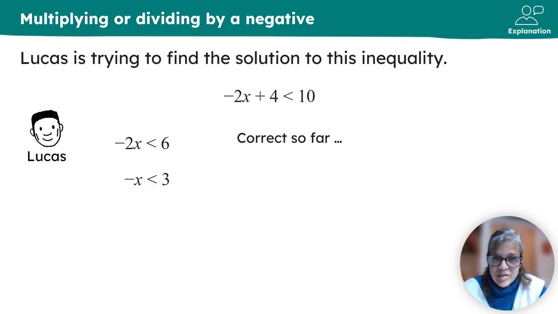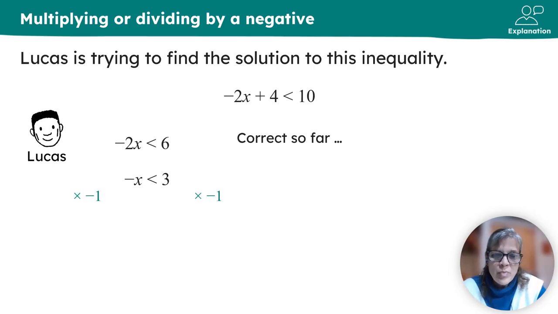Lucas is trying to find a solution to this inequality. So he has moved the 4, he's subtracted 4 from both sides, and that's fine, correct so far. Then he divides both sides by 2, also fine. He just did it with a positive 2, but now he has minus x is less than 3. So he wants to get rid of that negative.